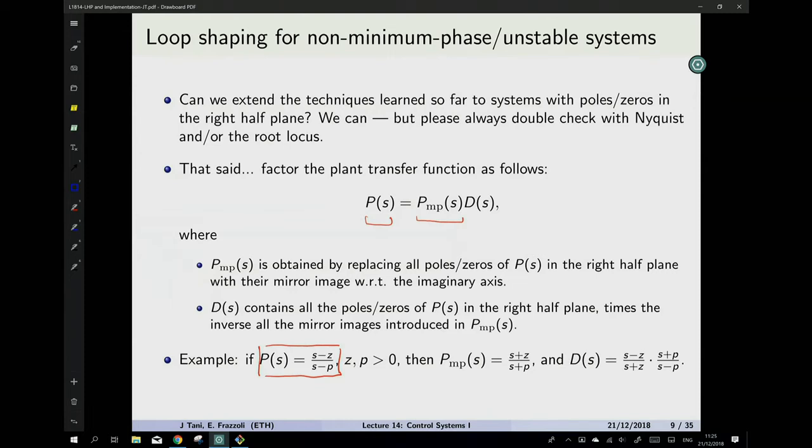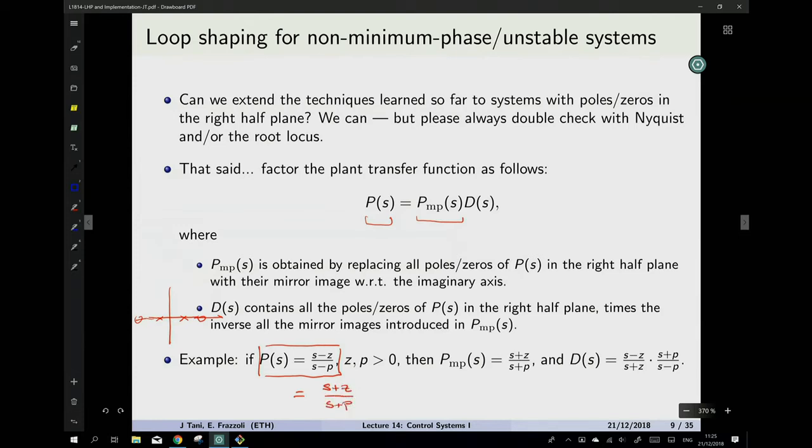Just pretend it. So what you do is you take the mirror image with respect to the imaginary axis. So suppose we had a pole here and a zero here. What we do is we just rewrite it as a pole here and a zero there. We do the symmetric. So that would mean we just write it as S plus Z over S plus P.